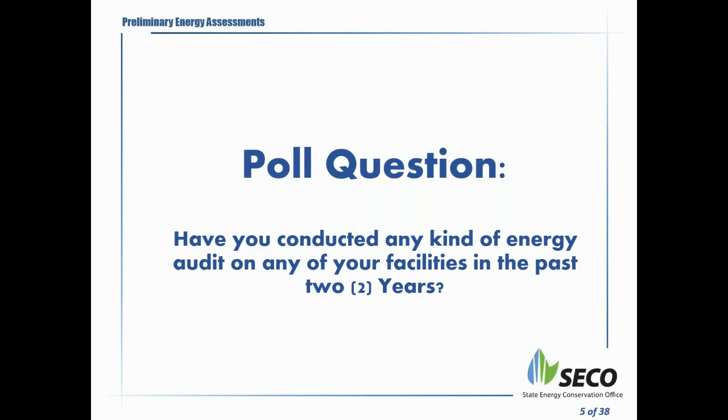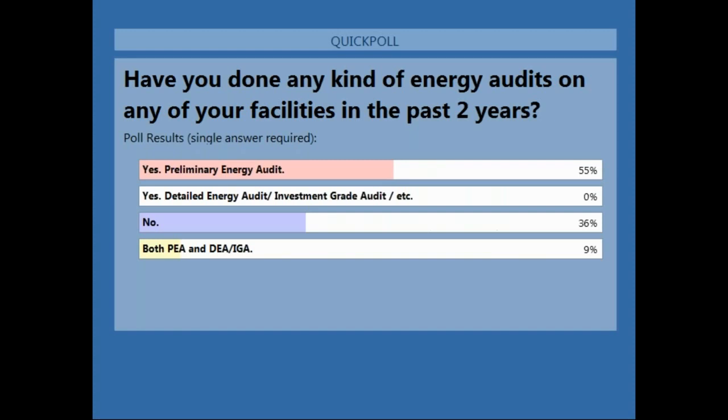All right, so we're going to close the poll, and I'm going to show you the results. 55% have said yes. 0% have said yes to a detailed energy audit or investment grade audit, 36% said that they've not conducted any energy audit in the last 2 years, and 9% said that they've done both PEA and DEA in the last 2 years.